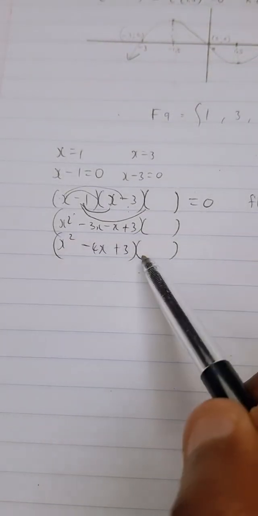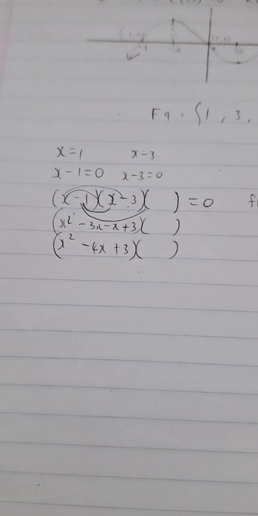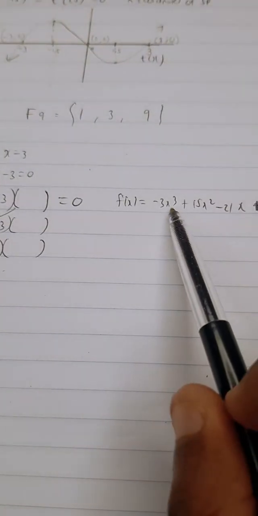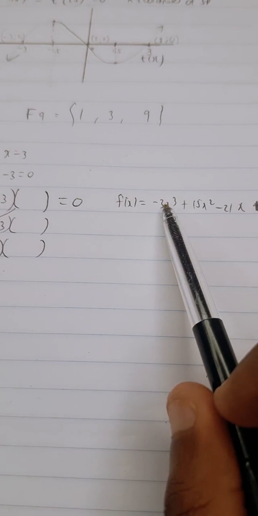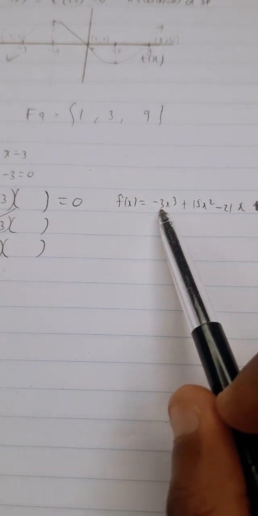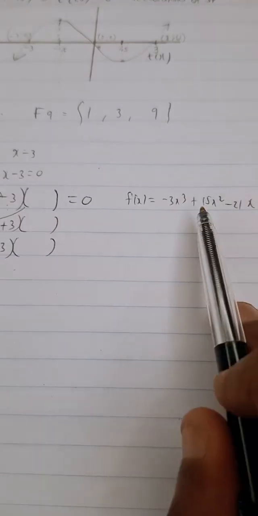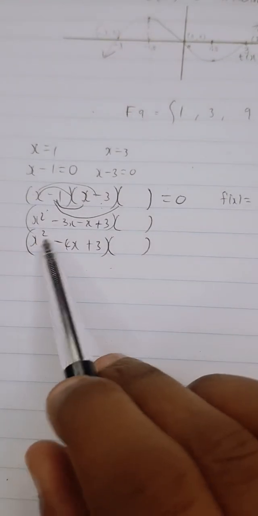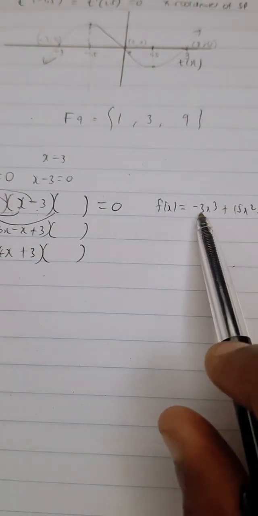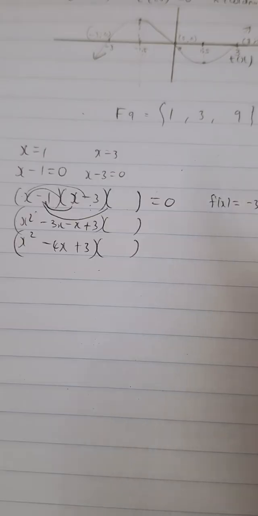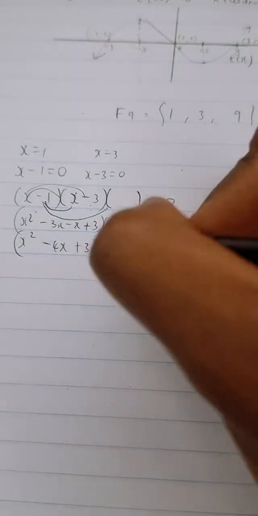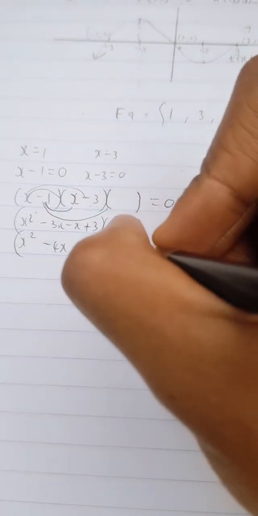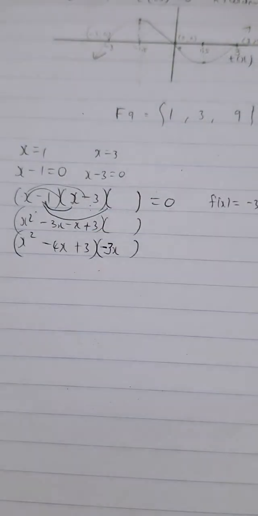What would I have to multiply x squared with so that I can get the number negative 3? What would I have to multiply x squared with to get negative 3? Obviously, that would be negative 3x.